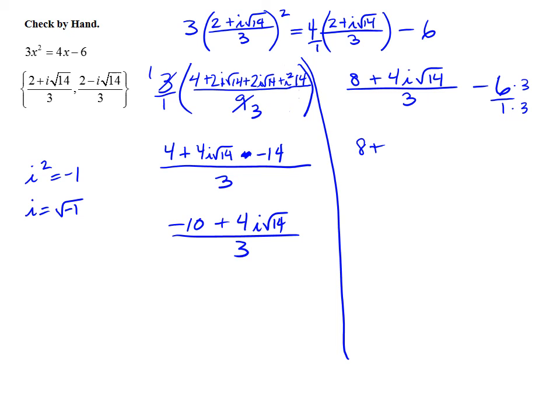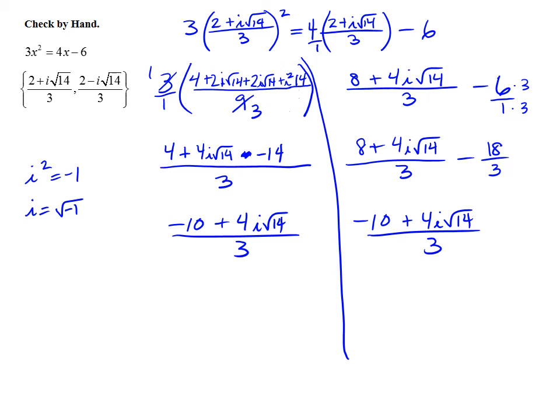So I have 8 plus 4i square root of 14 over 3 minus 18 over 3. When I then add the numerators, 8 minus 18 is -10 plus 4i square root of 14 over 3. That is exactly the same thing on both sides.